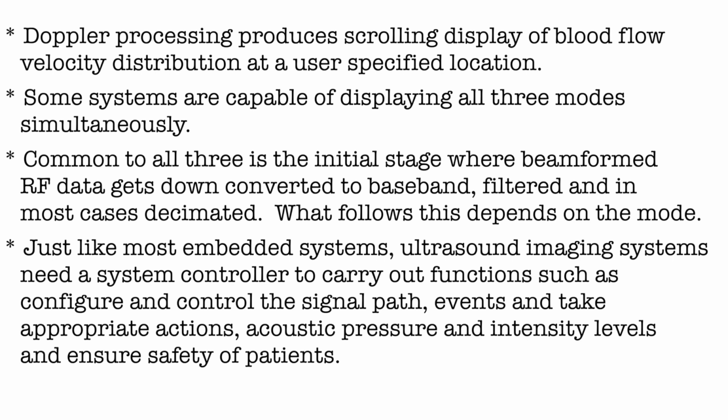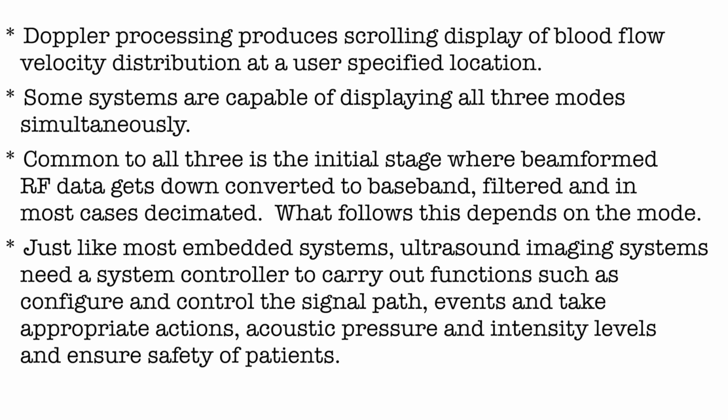Some systems are capable of displaying all three modes simultaneously. Common to all three is the initial stage where beam formed RF data gets down converted to baseband, filtered, and in most cases decimated. What follows this depends on the type of mode.